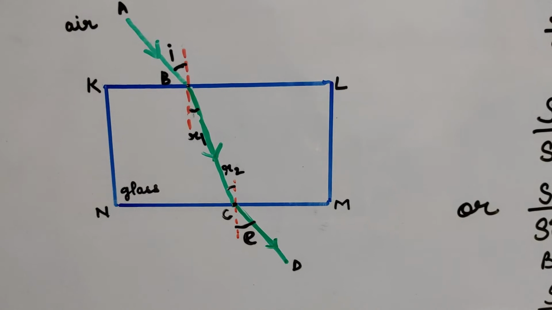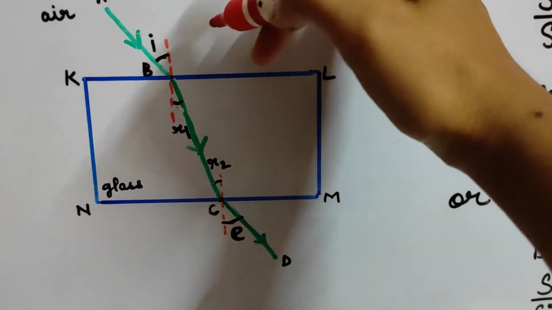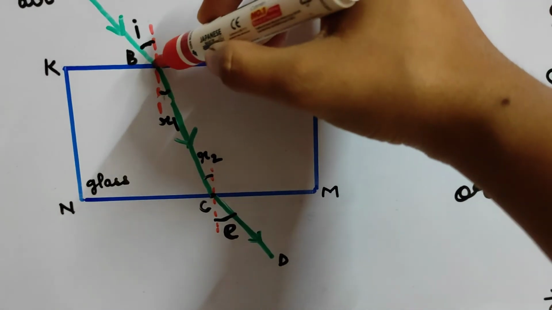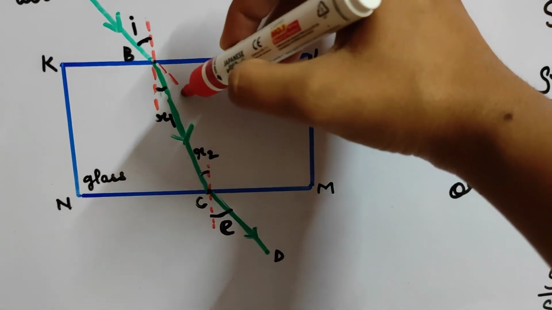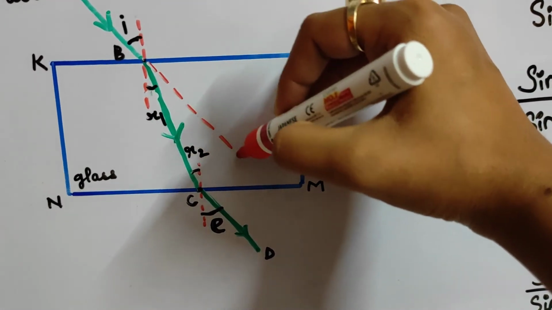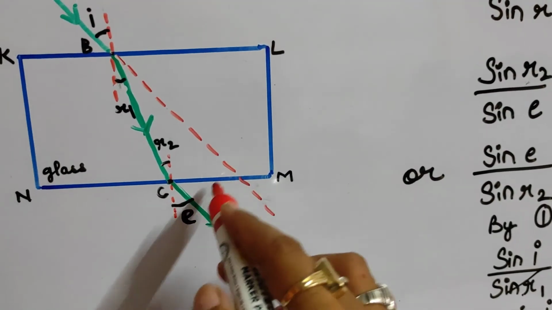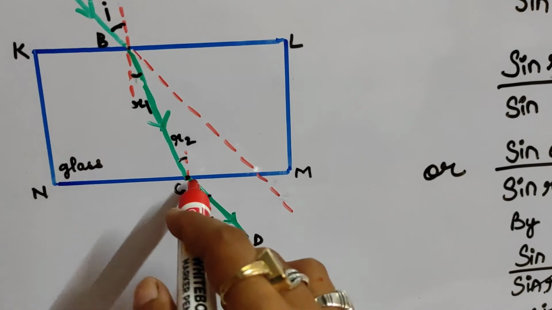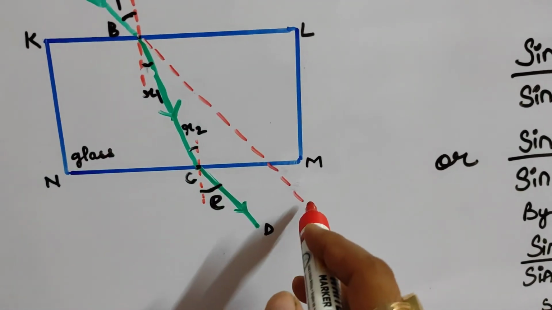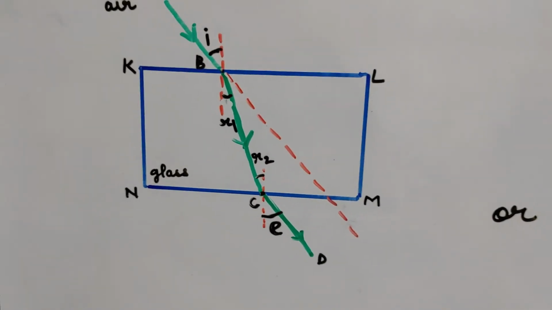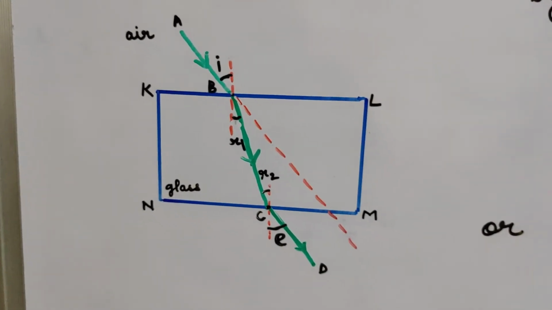Now how are we saying this? Because the angle of emergence is equal to the angle of incidence, if we extend this incident ray forward, we will find that this emergent ray and this extended forward incident ray are parallel to each other.